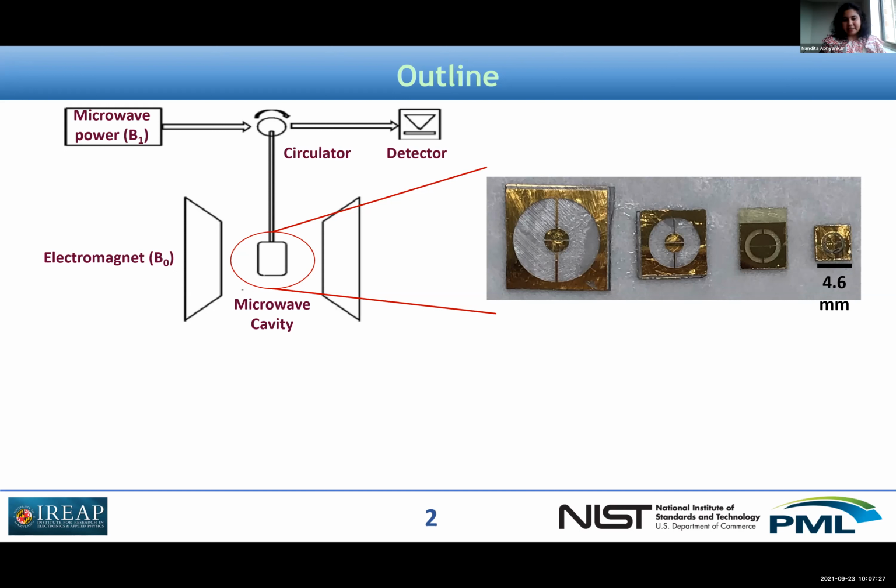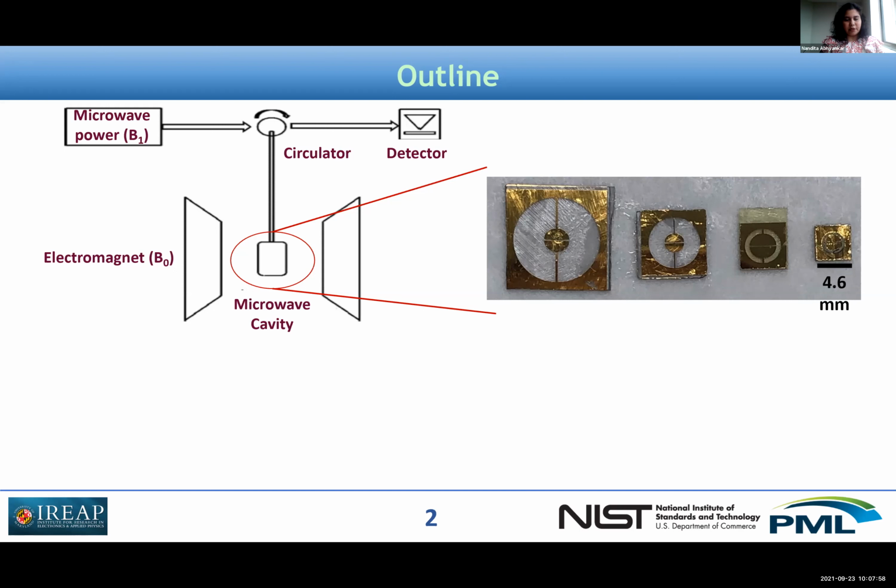The resonator that all of us are most familiar with is perhaps a rectangular cavity or a dielectric resonator or a loop gap resonator of some sort. These cavities have active volumes of about 10 to 100 microliters. So that's the amount of sample that you should ideally have in order to get the maximum possible signal. And this is especially important if you have dilute samples.